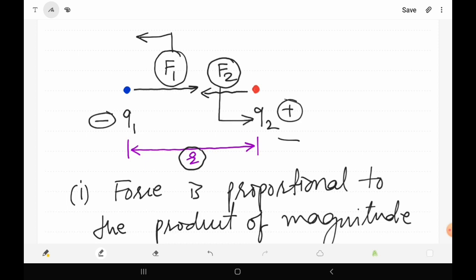Again the directions of forces F1 and F2 are opposite to one another. So in both cases, whether the charges are like or unlike, the directions of the two forces are always opposite to one another.